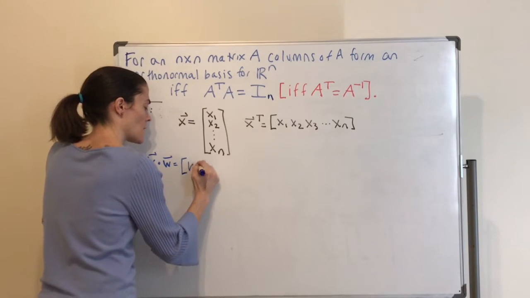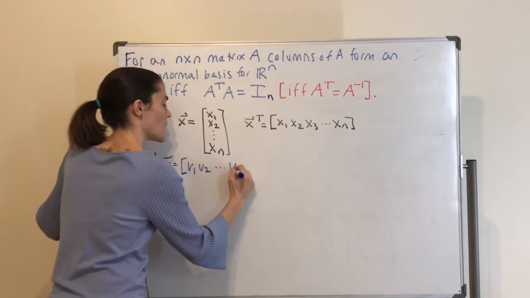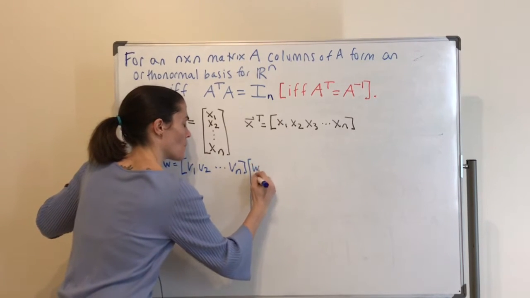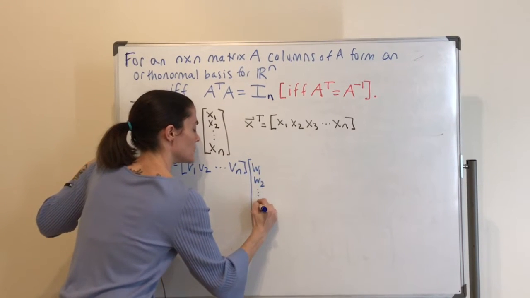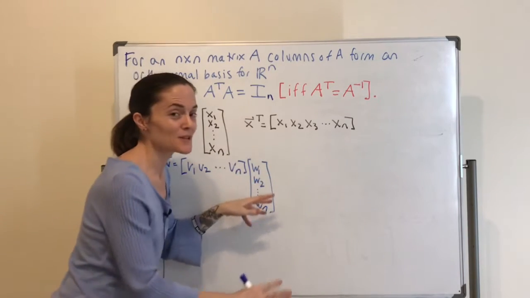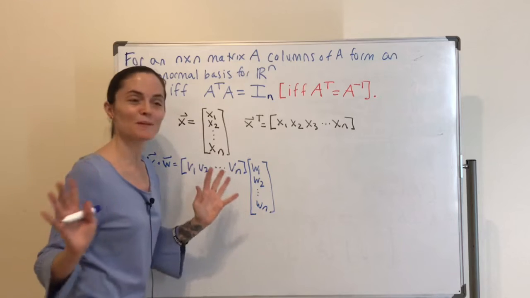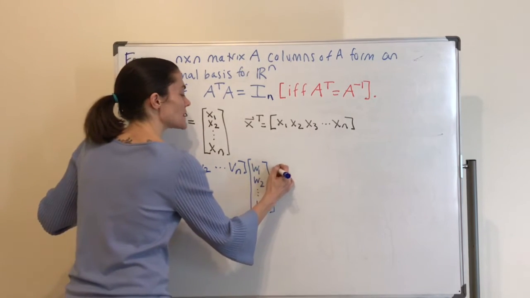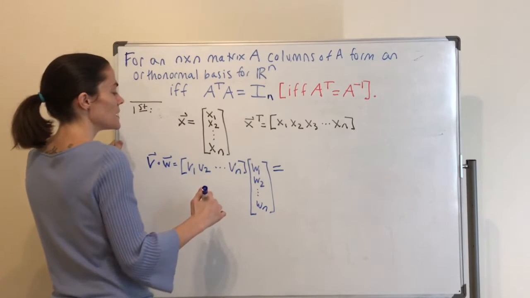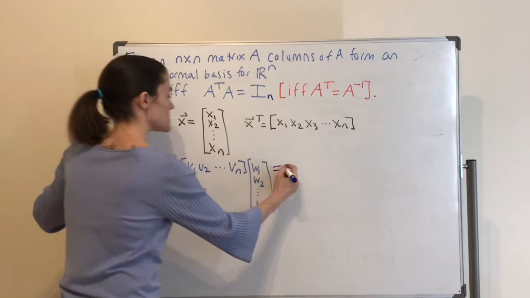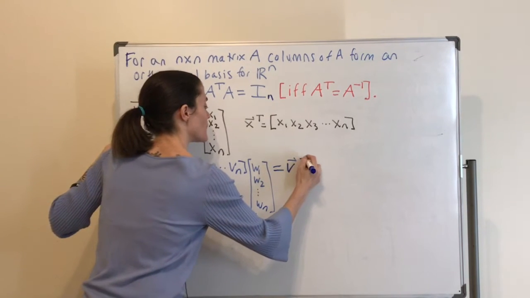We have V1, V2 to Vn, and then W1, W2 to Wn. I remember I kept talking about this motion that we use when we multiply matrices. But what we see here is we can write this just as a product of matrices. It is V transpose W.